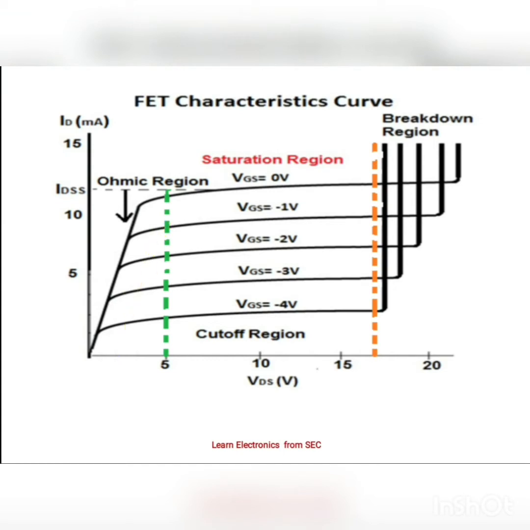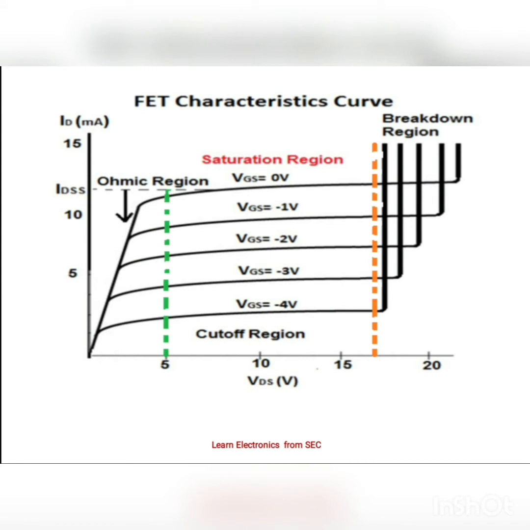Once the values cross the dotted green line here, the area is called as saturation region in the graph. So this graph is drawn between ID as well as VDS here. So both the parameters are output parameters here.